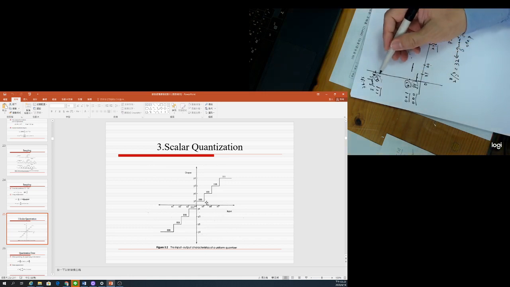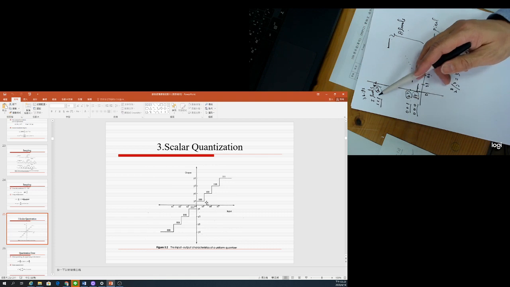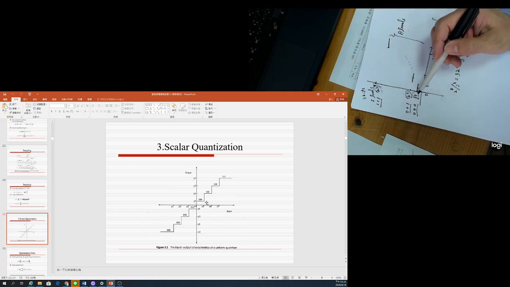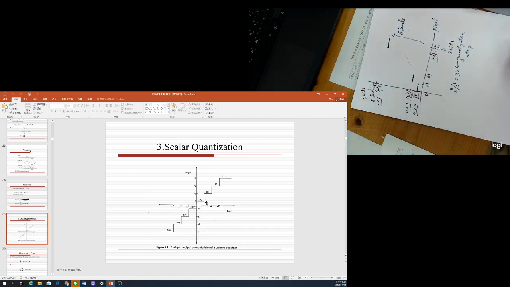In this example, we only have eight levels, so using 3 bits is enough to address it. But each quantization level is not 0, 0. 15 is not equal to 0, 0. 0, 0 is the address, so you have to distinguish what the difference between them is.